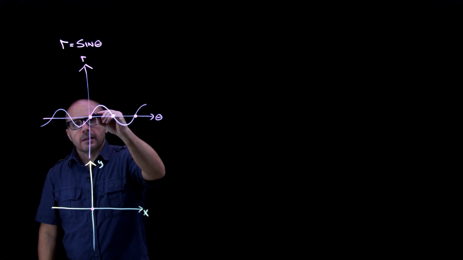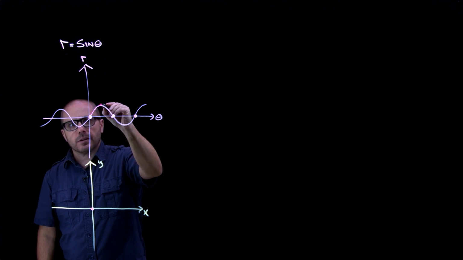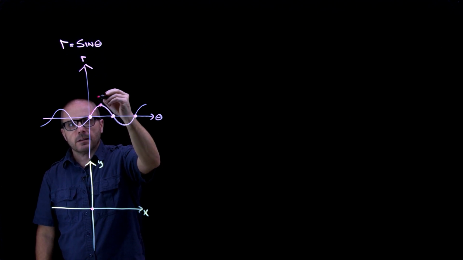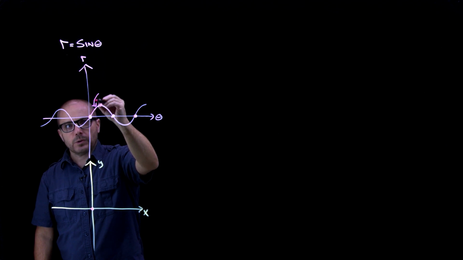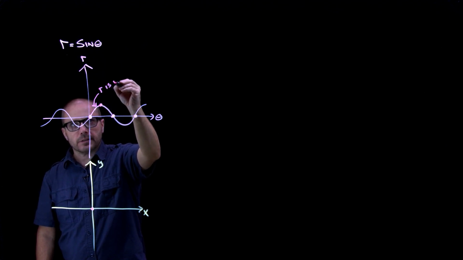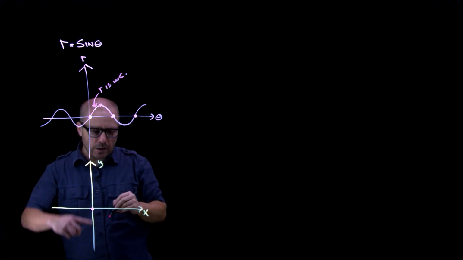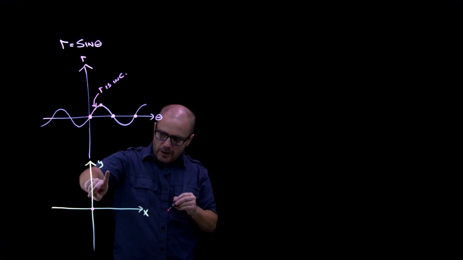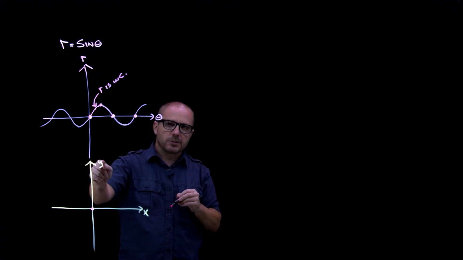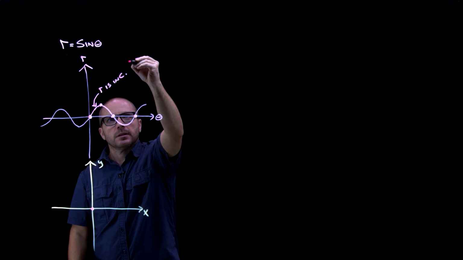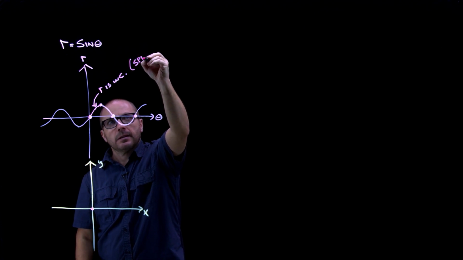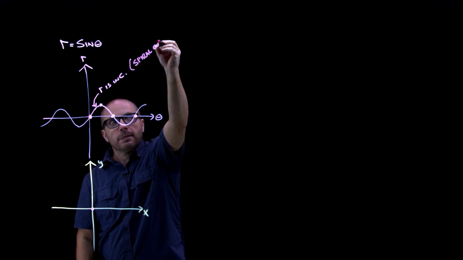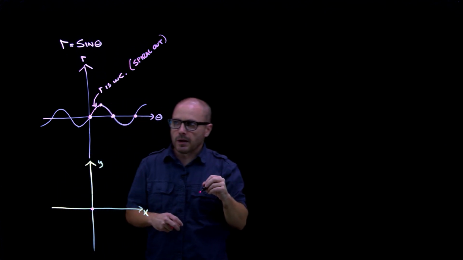Now, what else does this graph tell us? Well, as it's moving up here to this peak, that whole time r is increasing, right? As you're rotating around, an increasing r means you're spiraling out. So the behavior there is a spiraling out behavior.